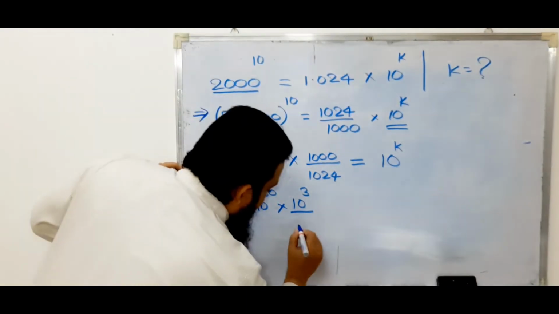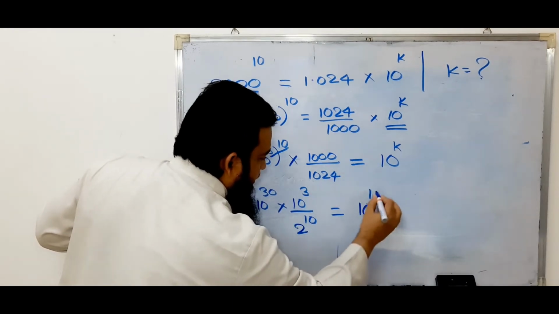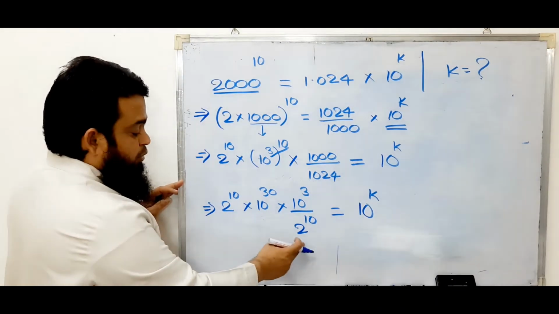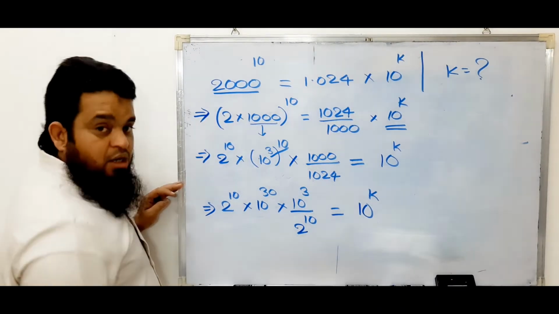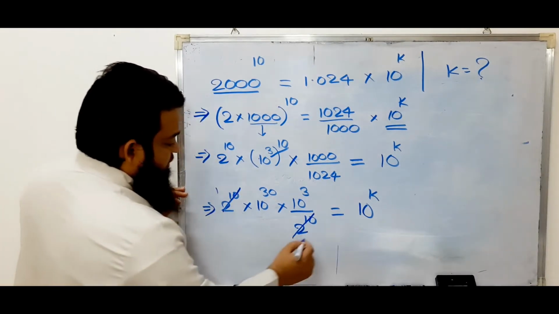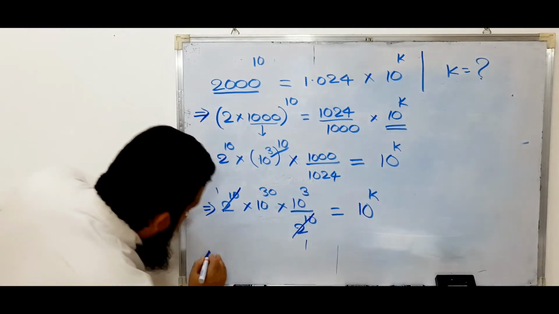So I will write it as 2 to the power of 10 equals, what is on the left hand side? 10 to the power of k. So now 2 to the power of 10 and 2 to the power of 10 are numerator and denominator, so I can divide, and it becomes 1. Is it right? And now same base, powers are different, so add.